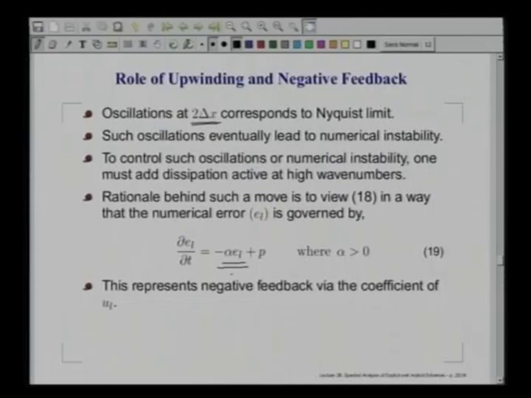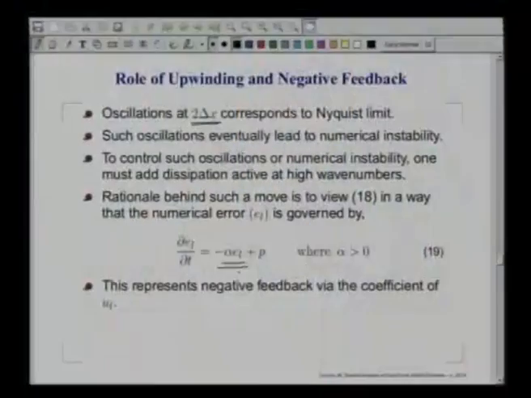That means the error at the Lth node is coupled to the error at the Lth point itself, and if p is 0, I could integrate it and show that E of L goes as e to the power minus alpha t. So, if alpha is positive, the error is going to decay with time.